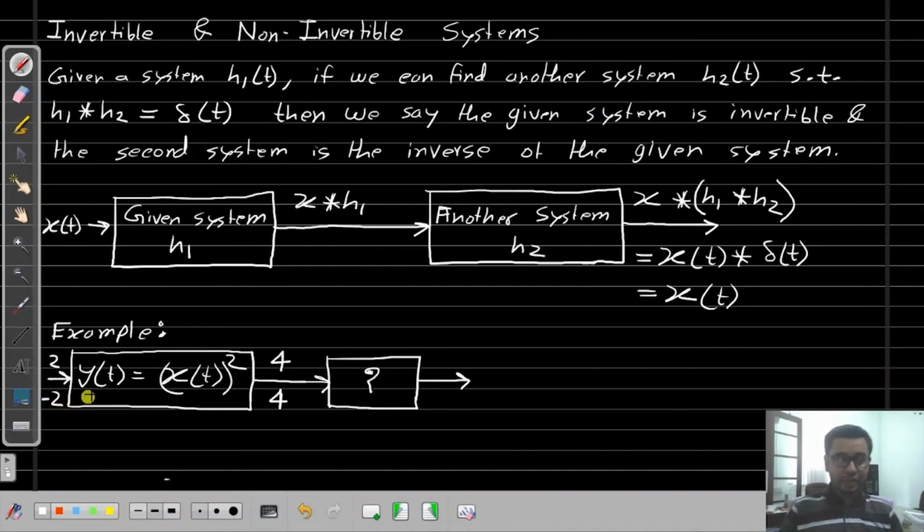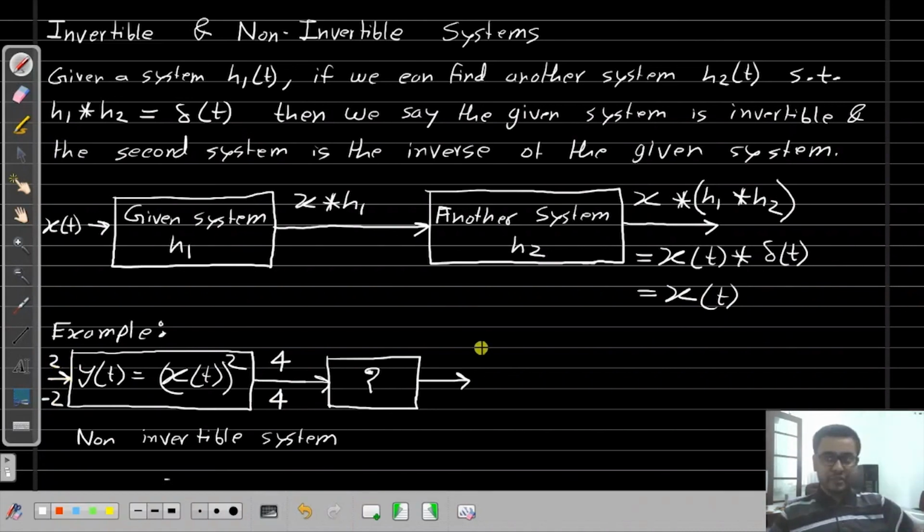It's not possible. So this is a non-invertible system. No one can find a system which will take 4 as the input and tell whether it came from +2 or −2.